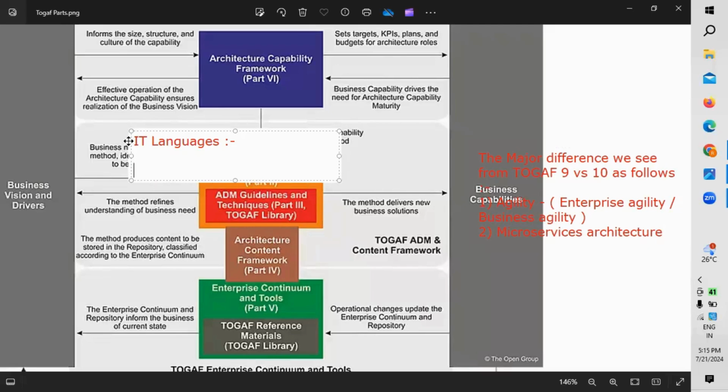IT languages: the first one we call markup languages. Second, modeling languages.